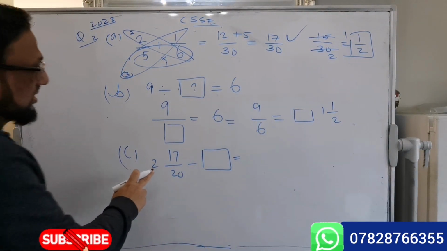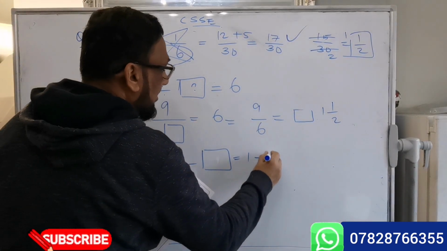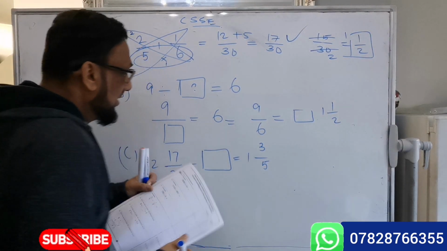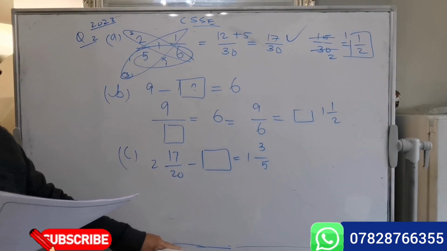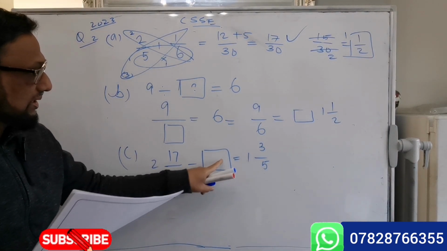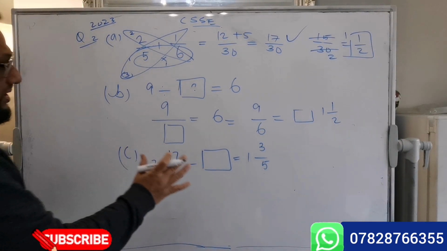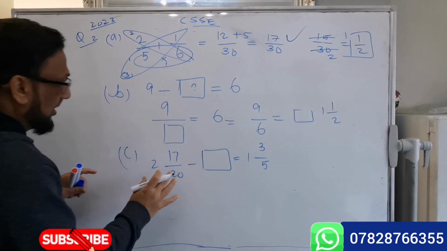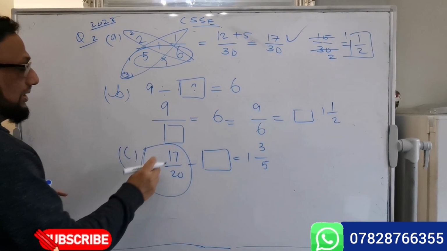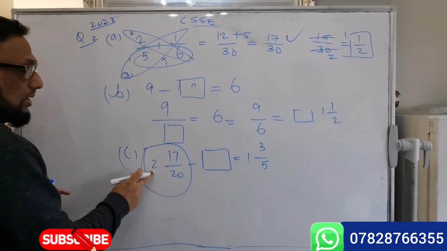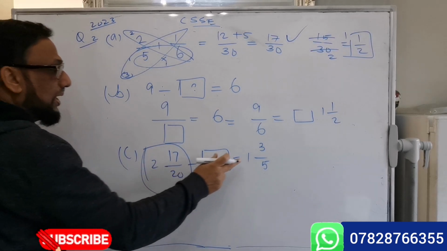So the question is 2 whole number 17 over 20, then subtract a box, equal to 1 and 3 over 5. This is the concept. First thing you need to check: what? This number is higher, 2. And the 2 as a whole number is subtracted by this.